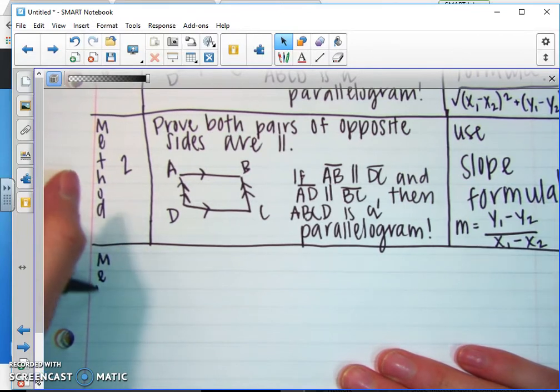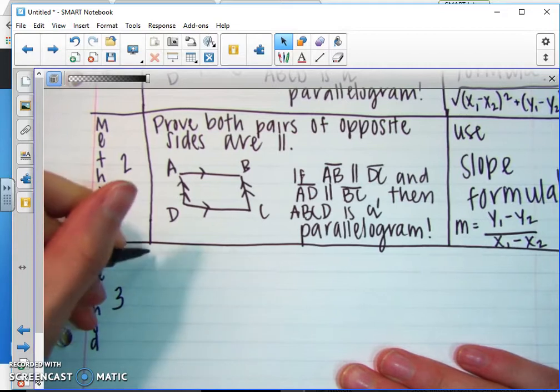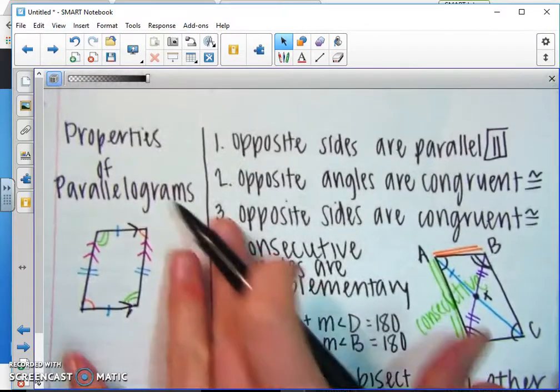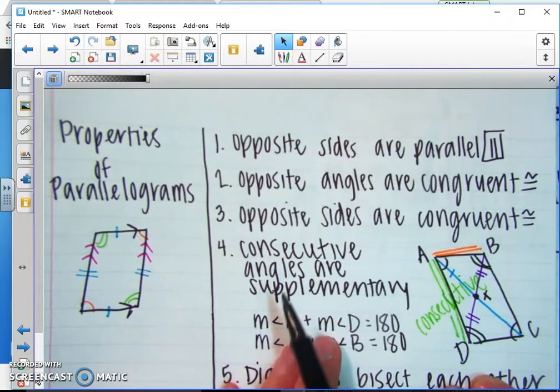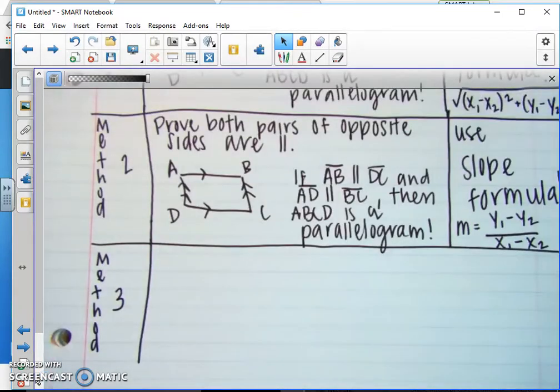Our last method, method number 3. Method number 3 is kind of a combination of this stuff. It deals with our parallel sides as well as our congruent sides. So here's method 3.